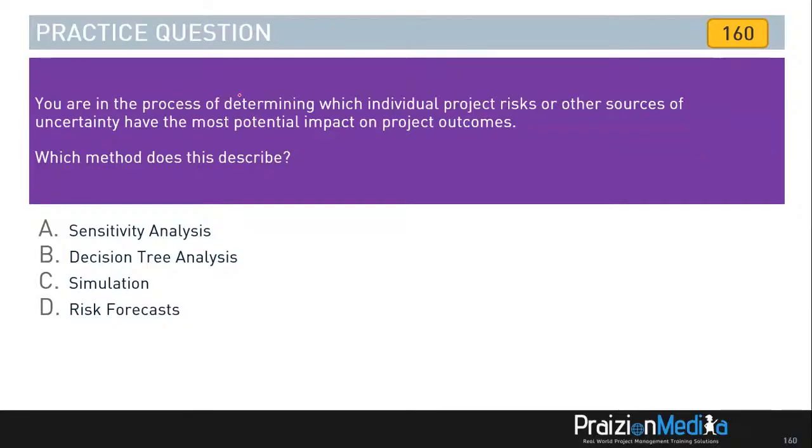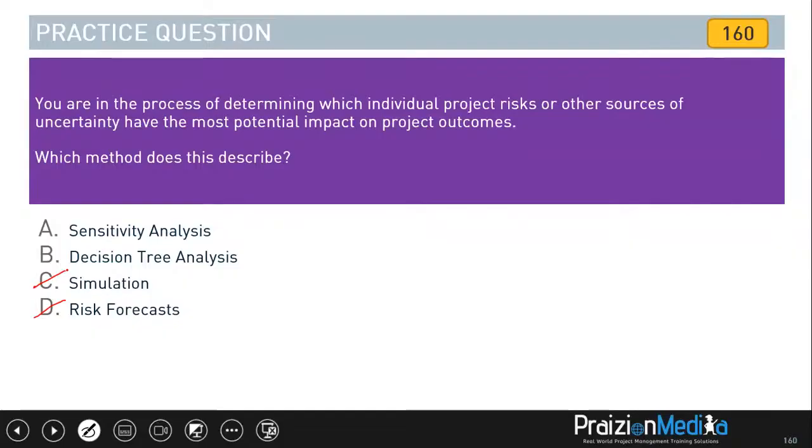All right, let's use the process of elimination. So it says the method for determining the risks that have the most potential impact. It's not risk forecasts. And while simulation, in a sense, is not a wrong answer, it's not the best answer because we have to be precise about the tools and techniques that are best.